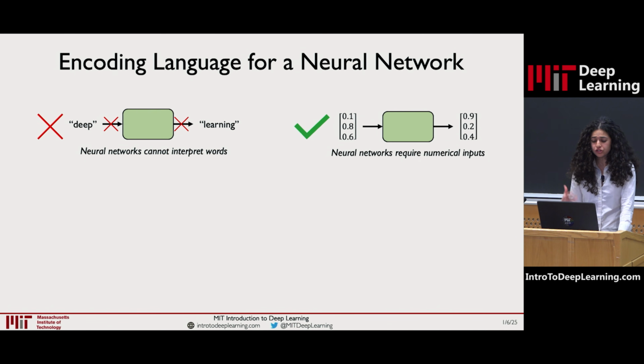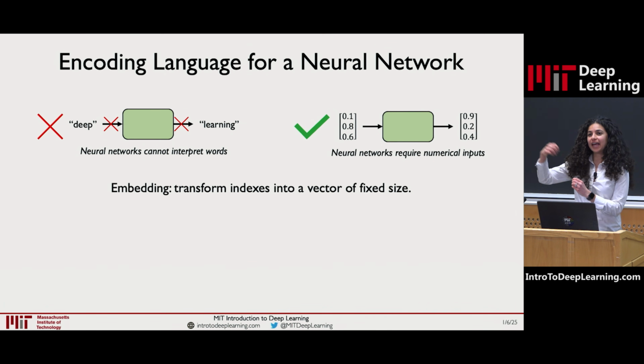And so the solution that we're going to introduce right now is this notion of embedding, which is an idea of taking an input that can be in some form like words, and then transforming it first into an index that can then map to a vector of some fixed size. So to break this down step by step, how do we actually do this? Let's say we have our body of all possible words we could see in all sentences we could encounter.